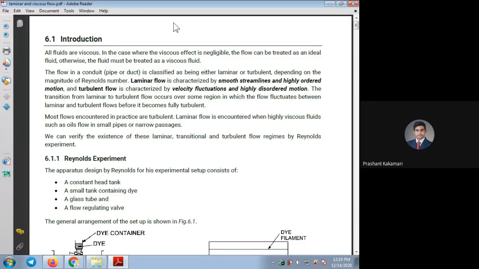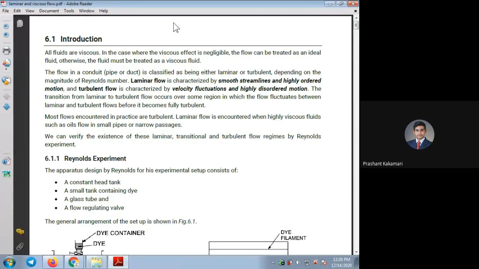From that experiment also, we come to know how to find out the Reynolds number using pipe flow with some velocity and discharge. So one can find out the Reynolds number, and based on the Reynolds number, one can differentiate whether the flow is laminar, turbulent, or transitional flow. In such conditions, the viscous forces or the viscous effects are more when the flow is laminar.